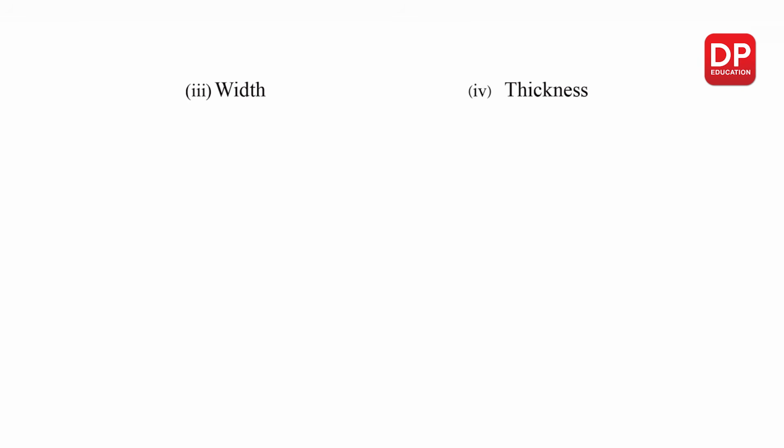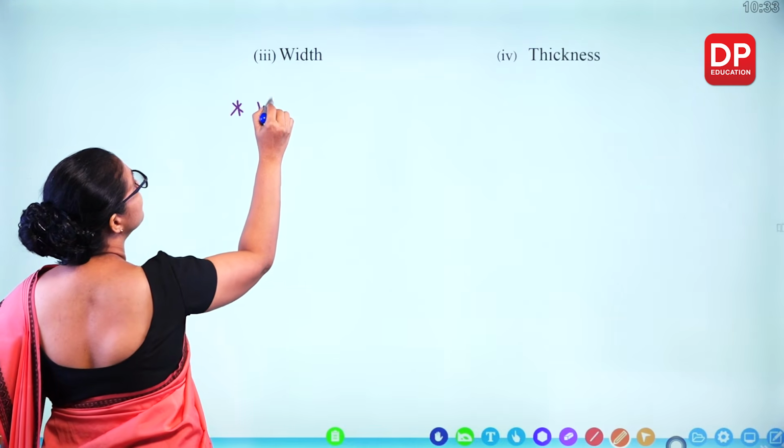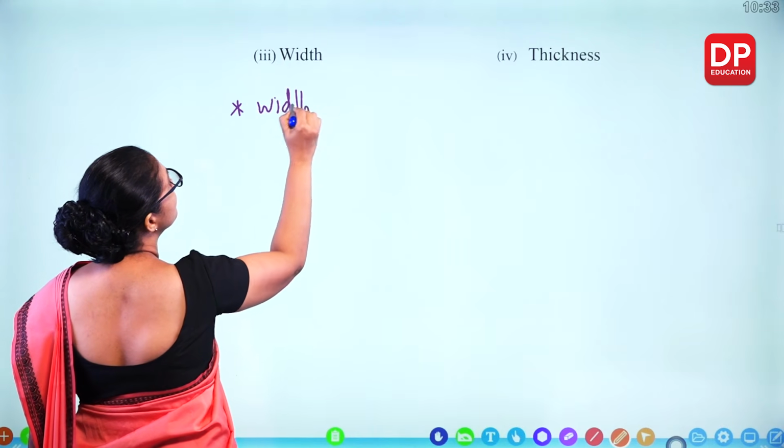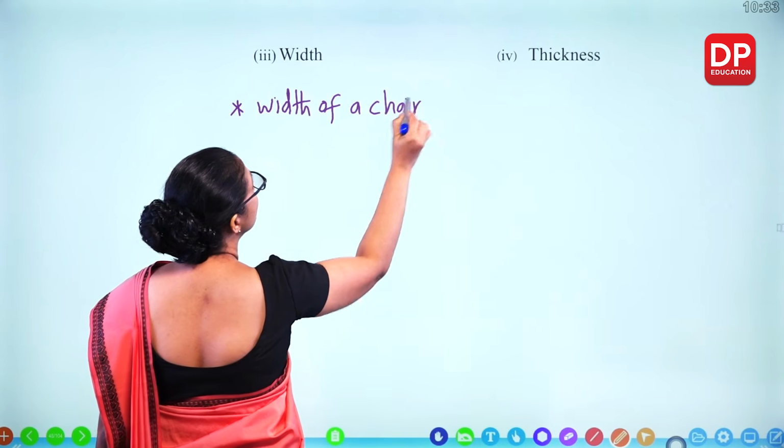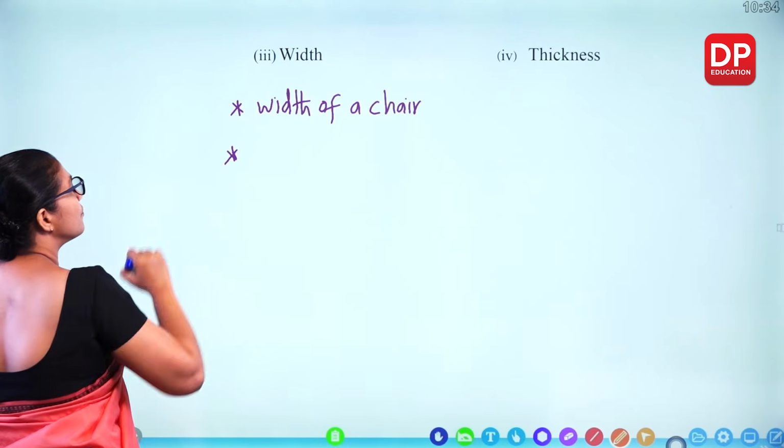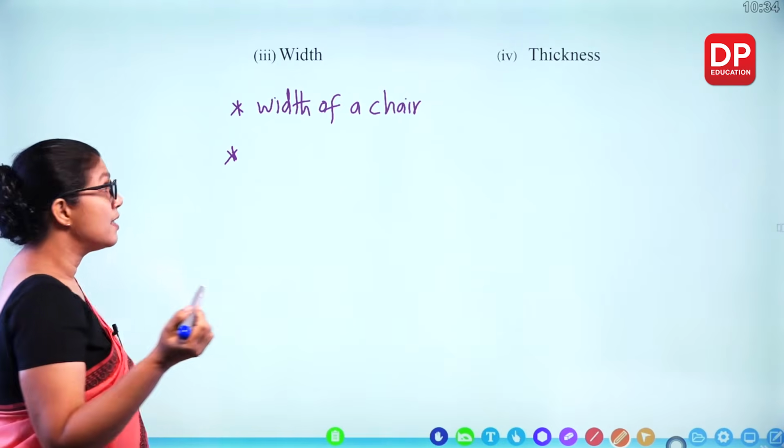Width. So width of something. Width of a chair. Width of the table.